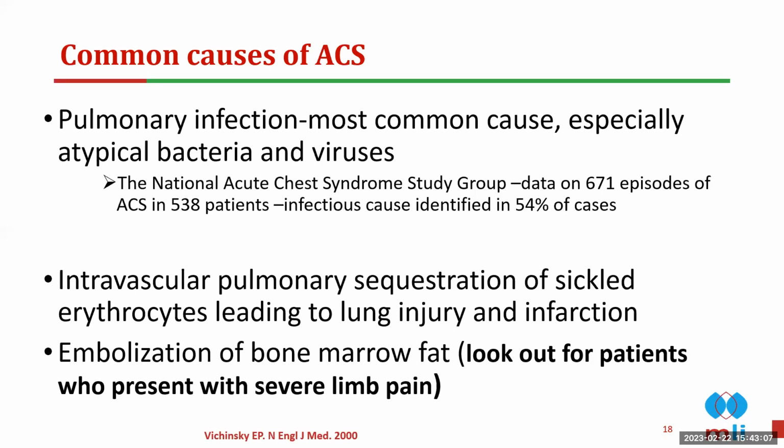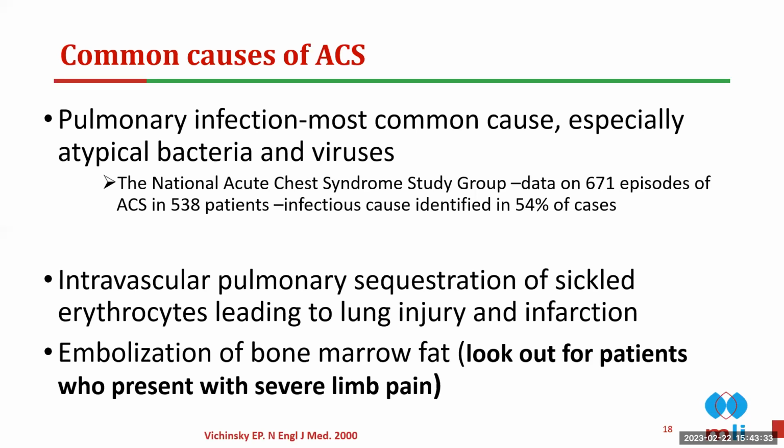There was a study done in the USA by what they call the National Acute Chest Syndrome Study Group. They had quite a huge data set of 671 episodes in 538 patients, and they were able to identify an infectious cause in 54% of the cases. So it is that common as a cause of acute chest syndrome.